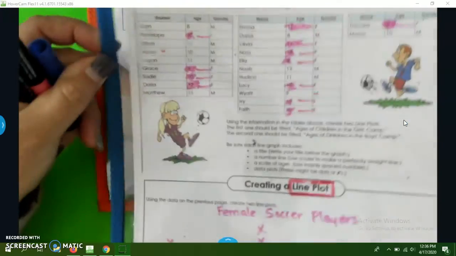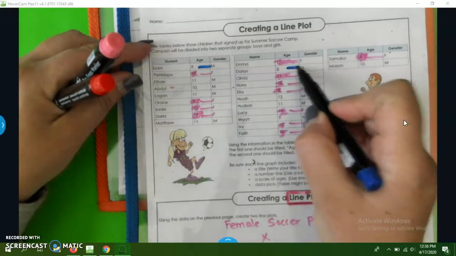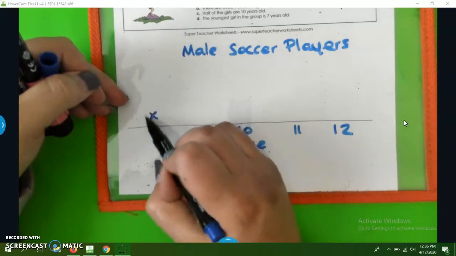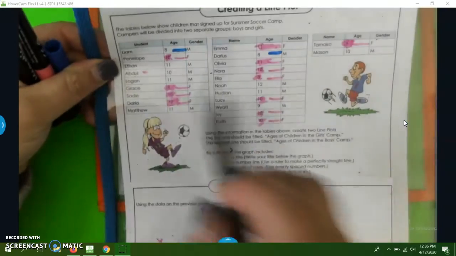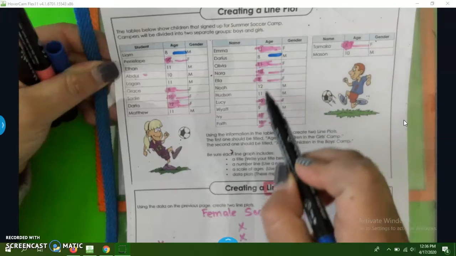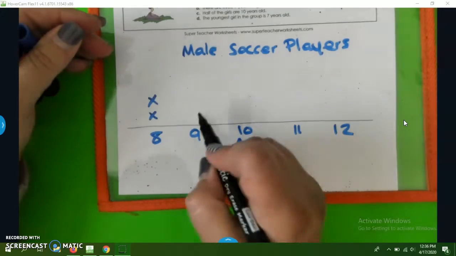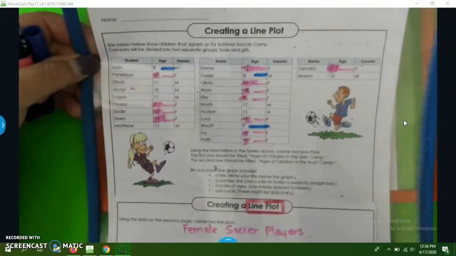how many 8-year-old boys we have. So I can see we have 2 boys that are 8. And then I can look for my 9-year-olds, and I have 1 9-year-old player who is male. Now we're going to look for 10-year-olds.